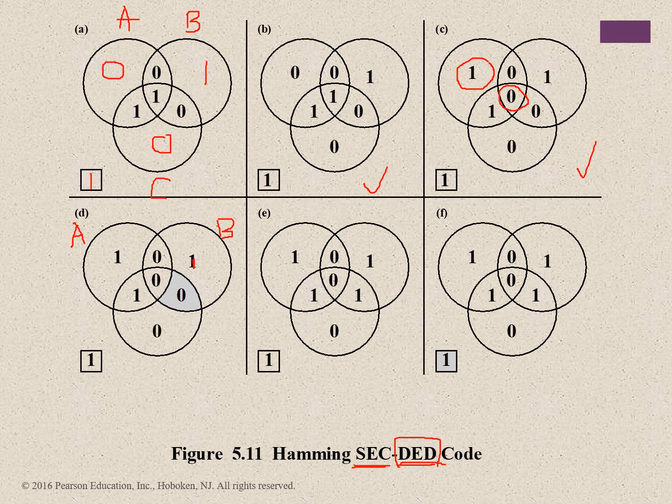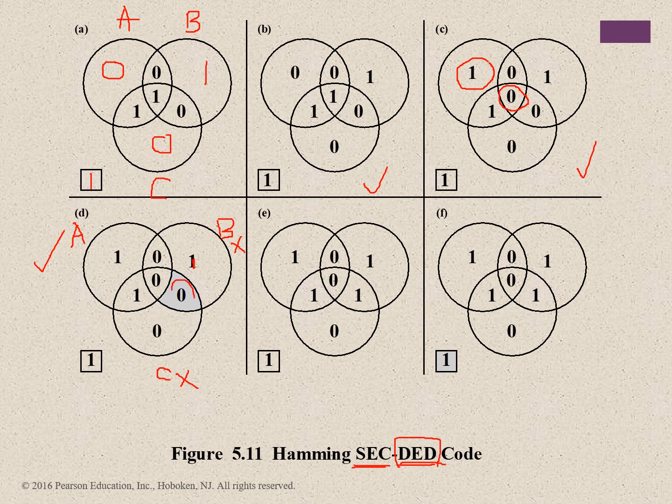So let's check circle C. In circle C also there is only 1. So circle A doesn't have any errors according to these positions. Circle B has an error and circle C also has an error. So what is the data bit common to circles B and C?